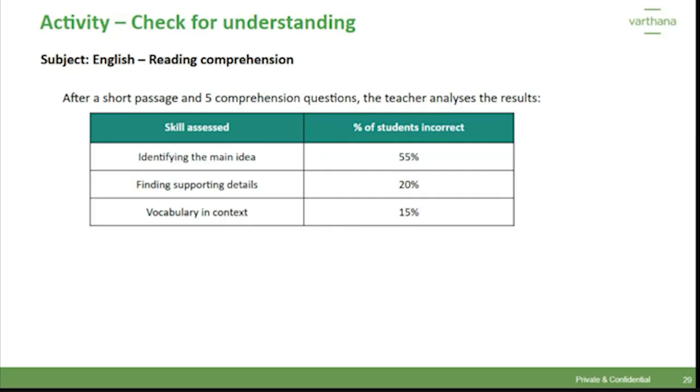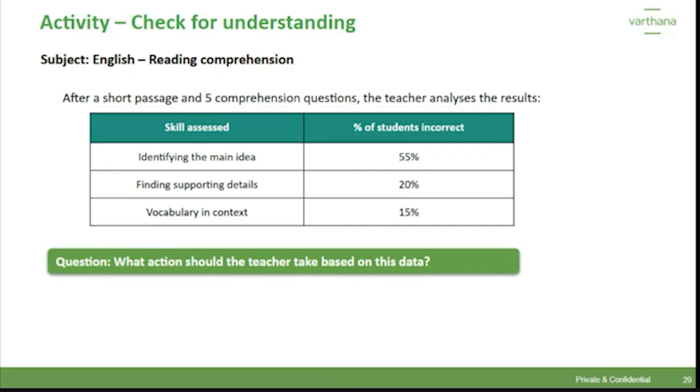So here is the data. 55% of students were incorrect and unable to identify the main idea of the short passage. 50% were incorrect in vocabulary in context, and 20% were incorrect in finding supporting details. So how can we interpret this data, and what action should we take? We can personalize the plan of action based on this insight.